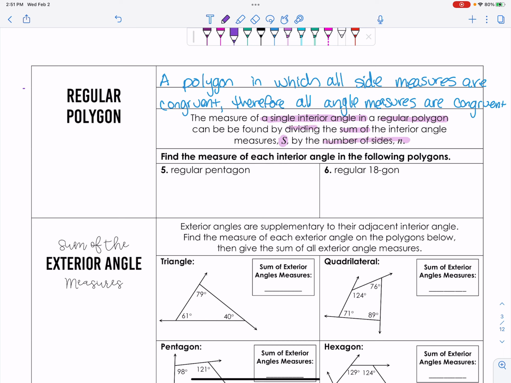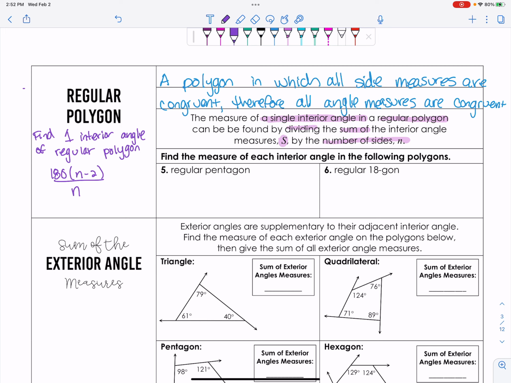So our formula for finding one interior angle of a regular polygon is 180 times (n minus 2), that's our angle sum, divided by the number of sides.